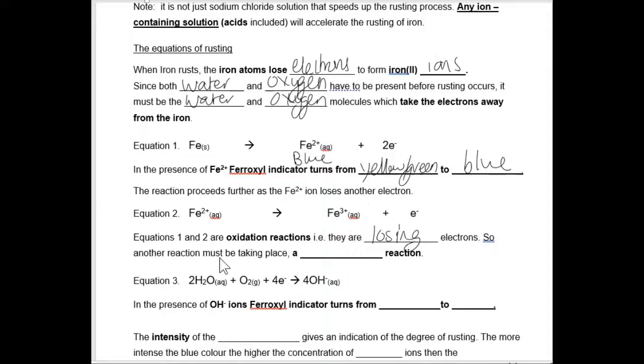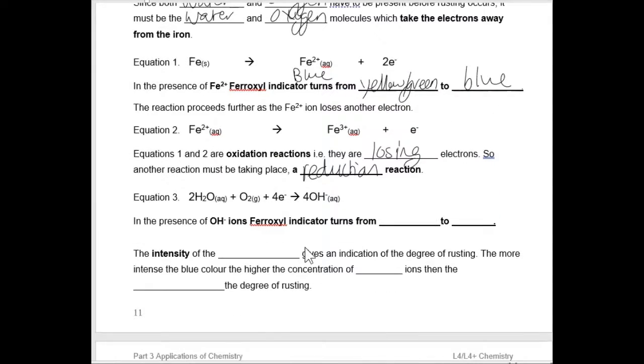So another reaction must be taking place, a reduction reaction. If something's losing electrons, undergoing oxidation, something must be gaining electrons, that's known as reduction. So we've got equation 3 here: water and oxygen and 4 electrons change into 4OH minus.